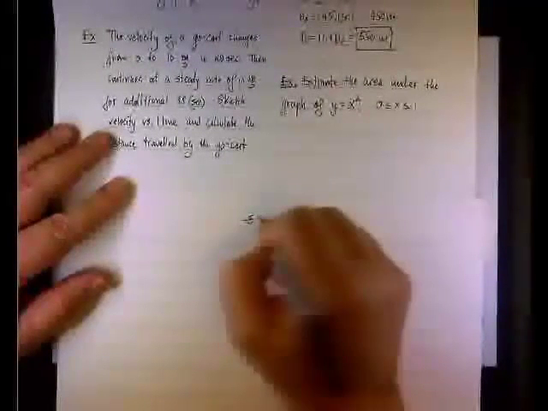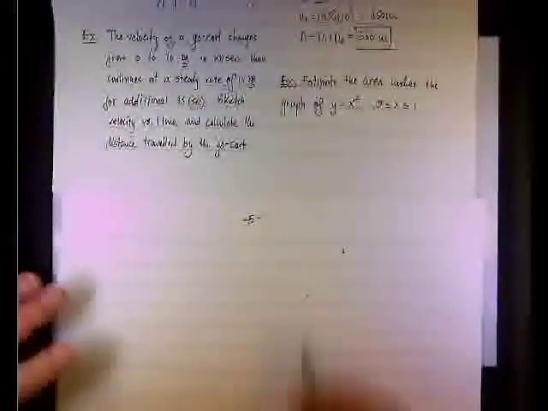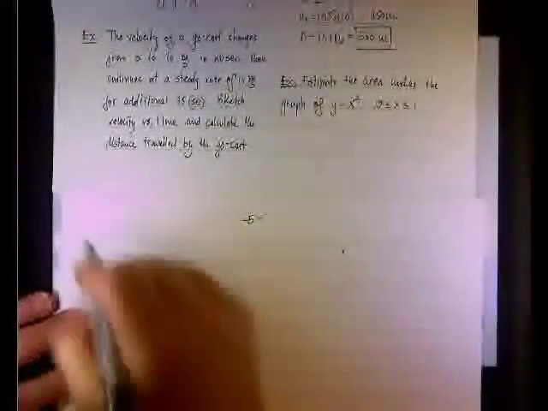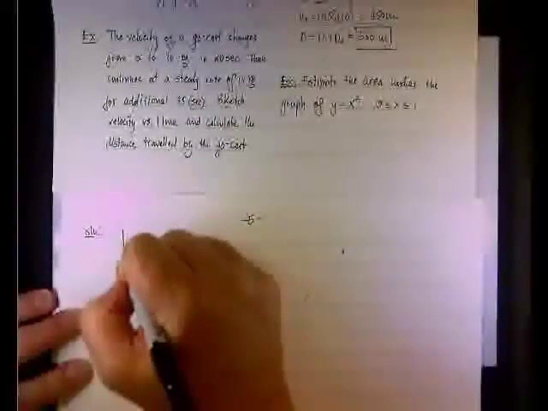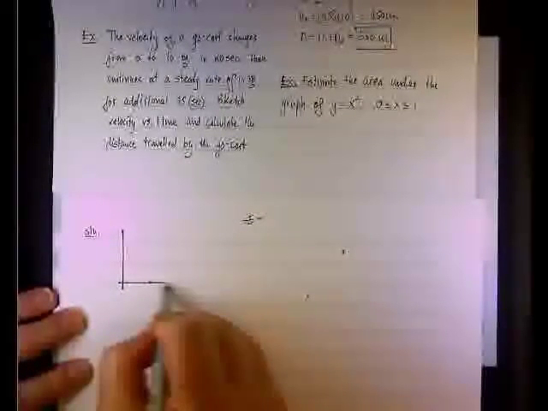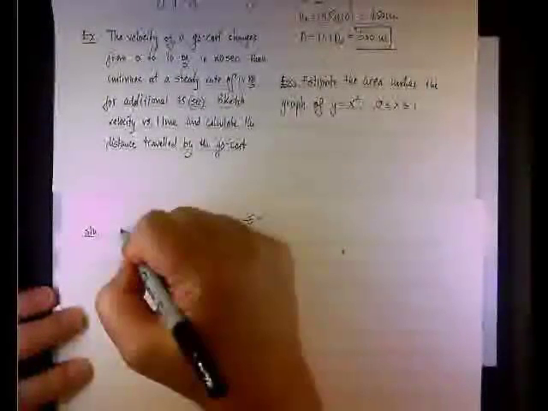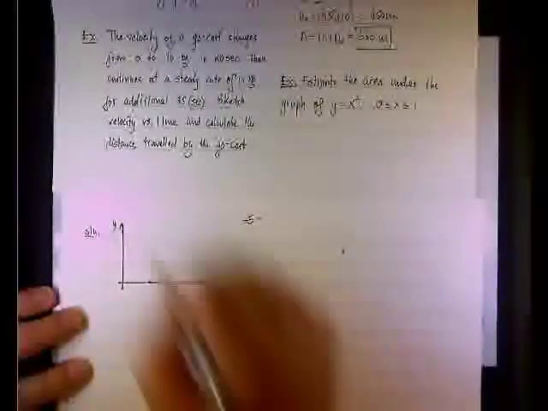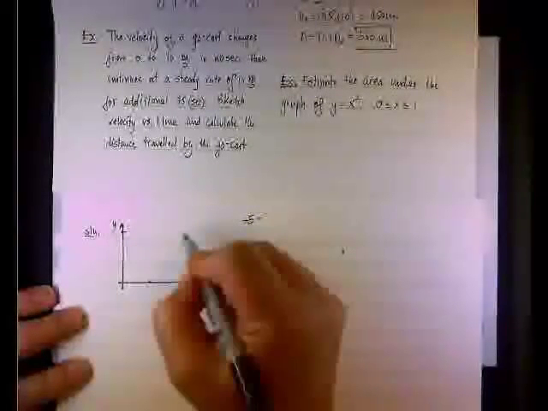So at this point, we're not talking about distance and velocity and so on, just straight out find the area. So let's sketch this function. And of course, we're looking at the right side of the parabola y equal x squared. And when x equals 1, y equals 1 as well.